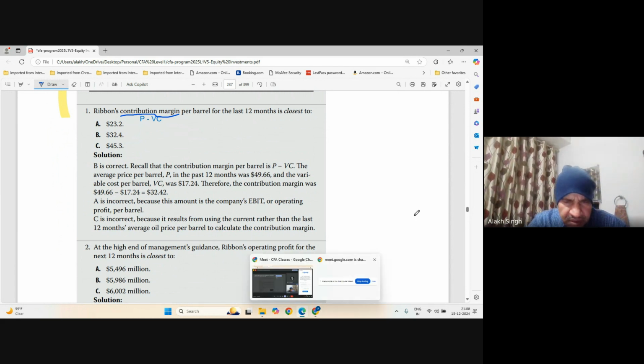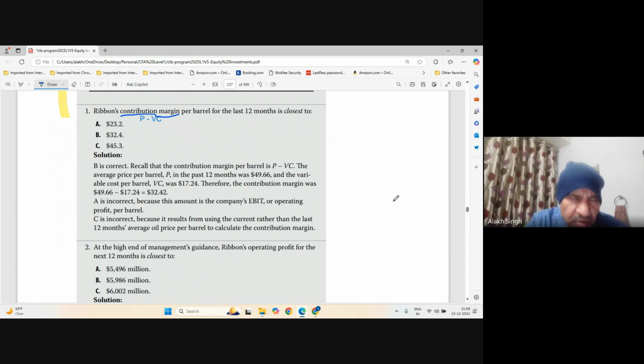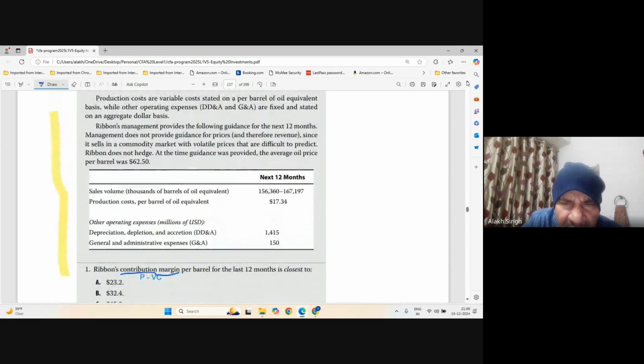Question B2. At the high end of management's guidance, Raven's operating profit for the next 12 months is closest to. Okay, so it will be a formula. What is the high end? So this part is the high end. What is the management estimate of the high end?